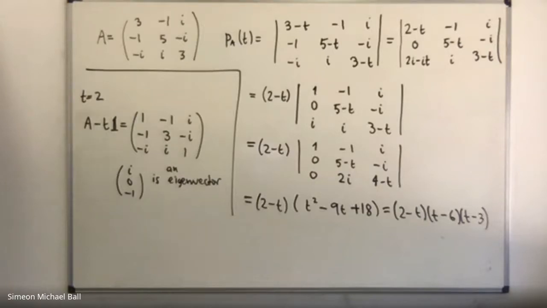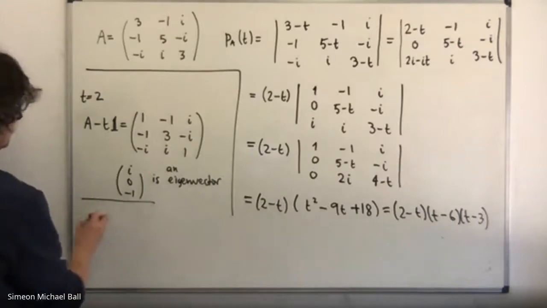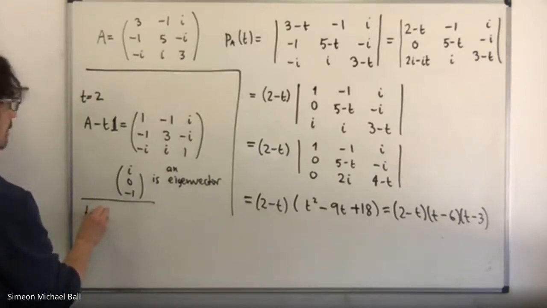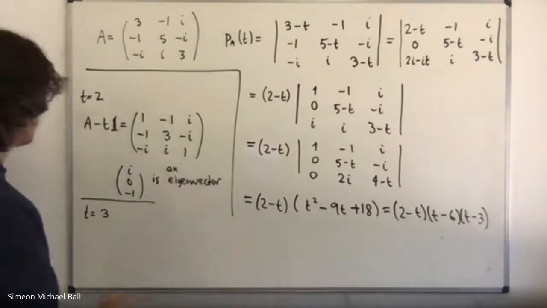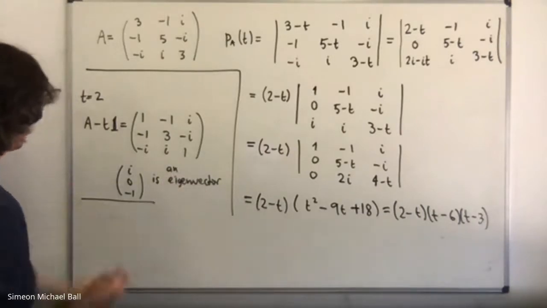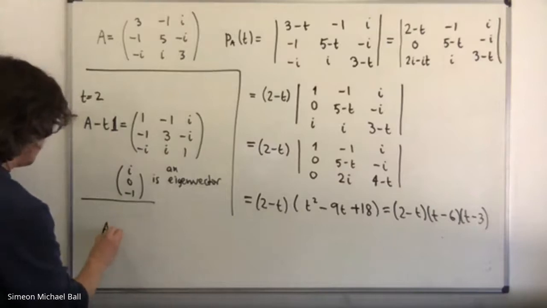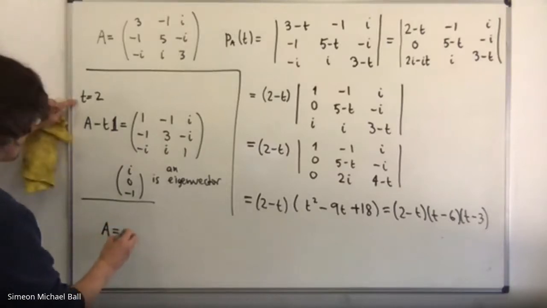And you have to go through the other ones. Okay, so t is 3. How are we doing for time? Well, I've almost finished. Okay, so you do the other 2, and then A will be, so this will give you one term in the sum. So the eigenvalue is 2.